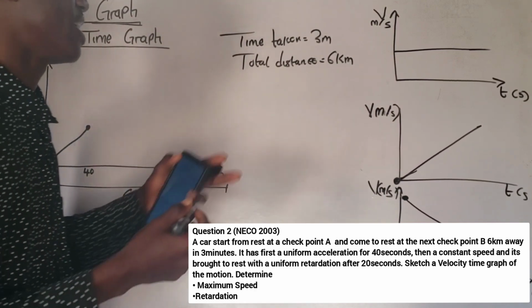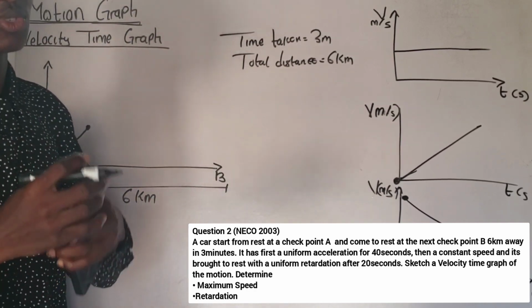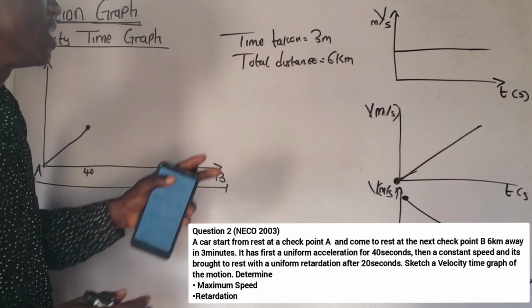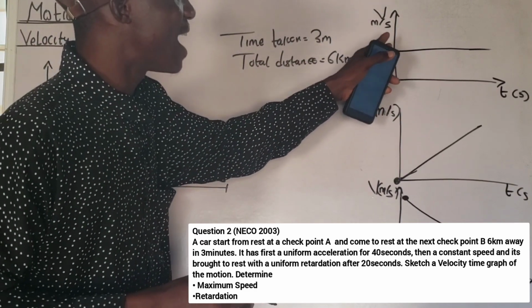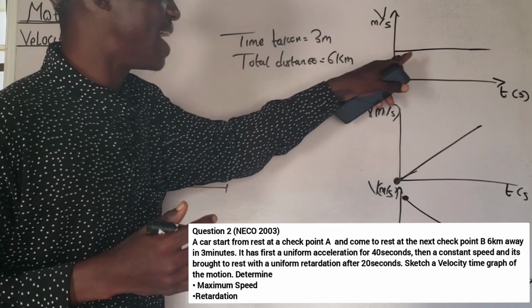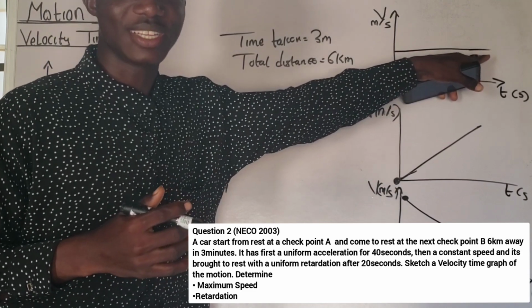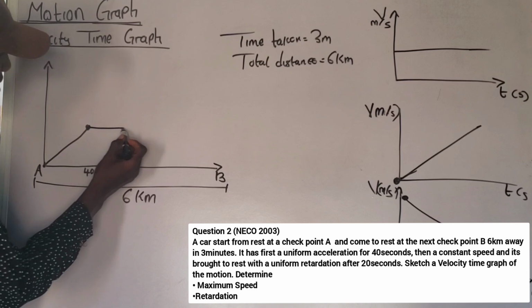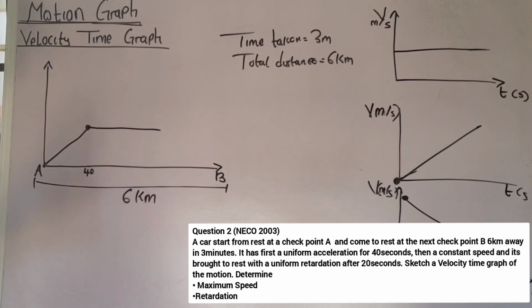So whether they talk about speed or velocity, it's the same thing here. I told you that when the velocity of an object is constant, this is how the graph will look. So from this point, the graph will look like this. We are not told the time the object used to travel at a constant speed. So let's proceed.